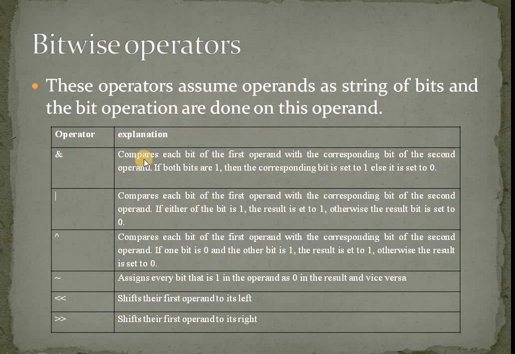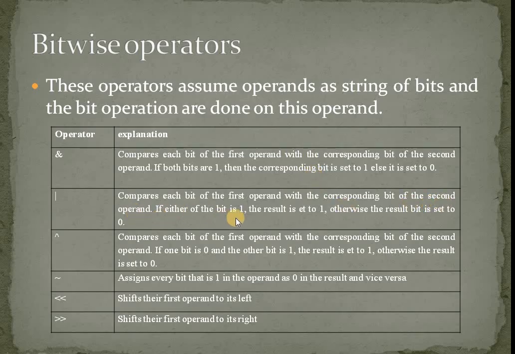First, AND uses the truth table for the AND operator. Compare each bit of the first operand with the corresponding bit of the second operand. If both the bits are 1, that is true, then the corresponding bit is set to 1, else it is set to 0. Similarly, OR compares each bit of the first operand with the corresponding bit of the second operand.